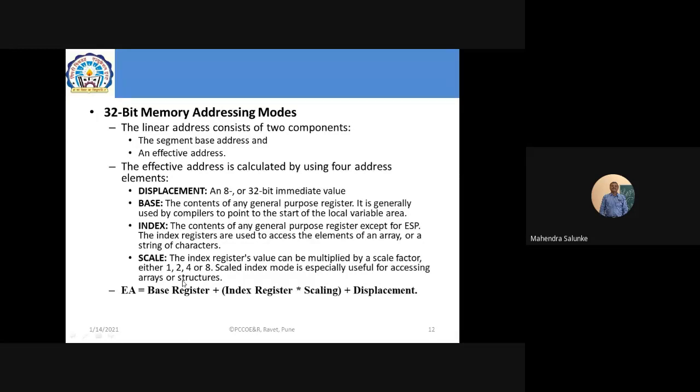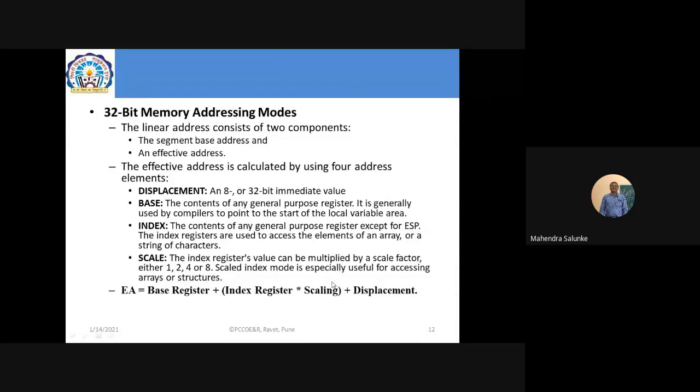And as a summary of these components in the effective address, the effective address is calculated like this: EA, that is effective address, equals base register plus, in brackets, index register into scaling, right?